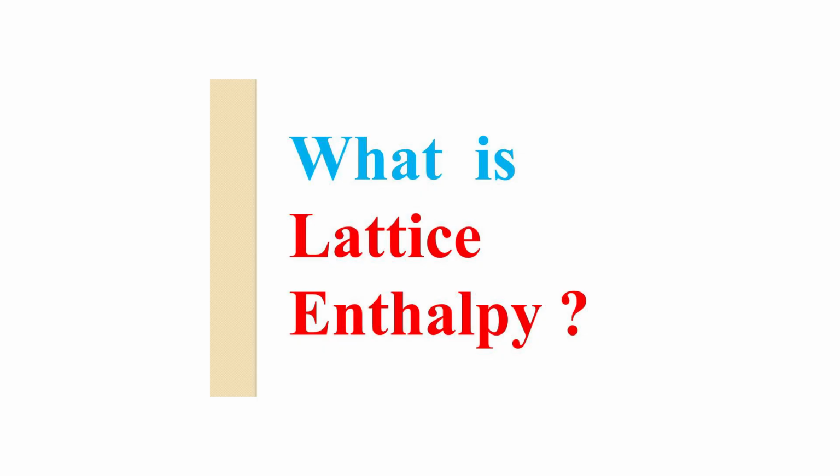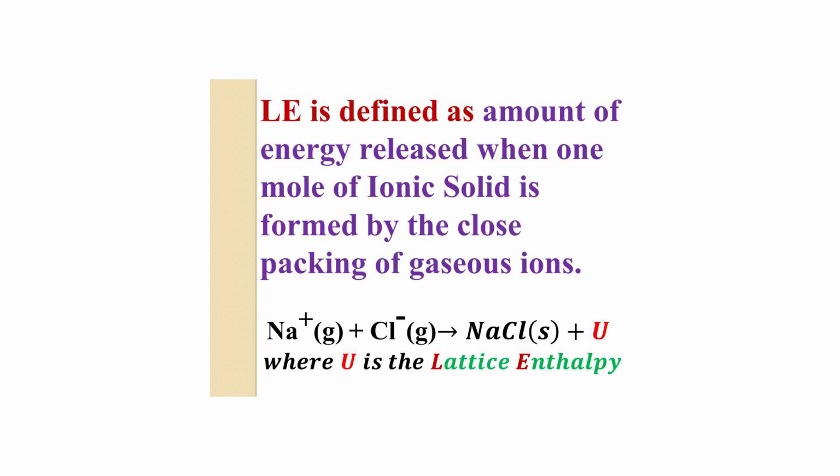Then we pass on to lattice enthalpy. What is lattice enthalpy? Can you define the term lattice enthalpy? It is defined as the amount of energy released when 1 mole of ionic solid is formed by close packing of gaseous ions. Can you give the example of ionic solid?